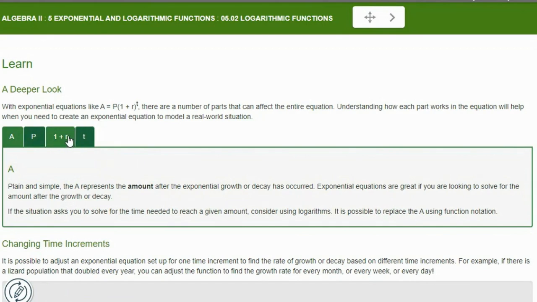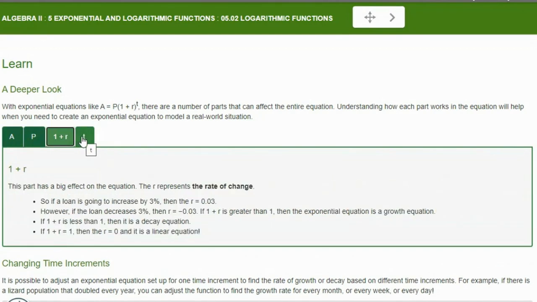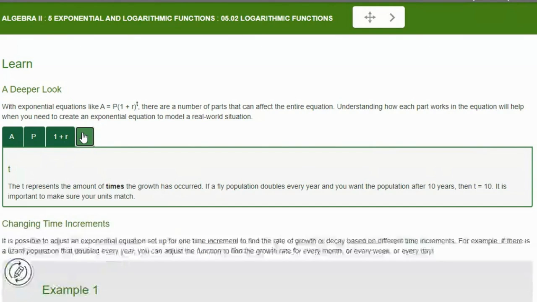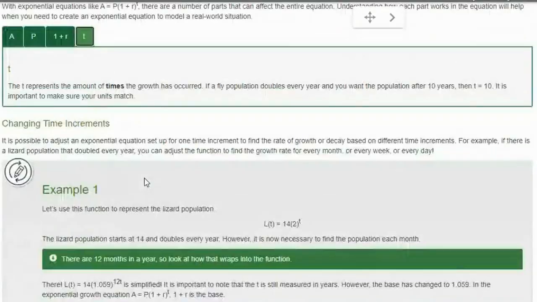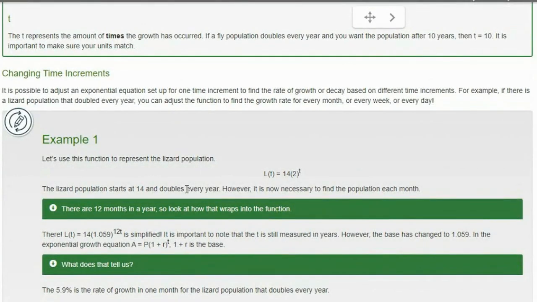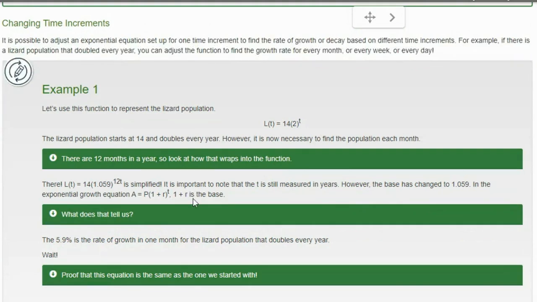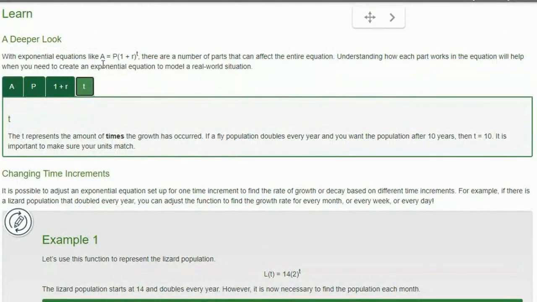A equals P times (1 plus r) to the t. Let's go back and make sure you know what that is. r is the rate of change, and t is the time the growth occurred. They play around with some of these and change the letters to mean the same thing. Here's an example of a lizard population, and instead of A, they're using L of t, lizards over time.